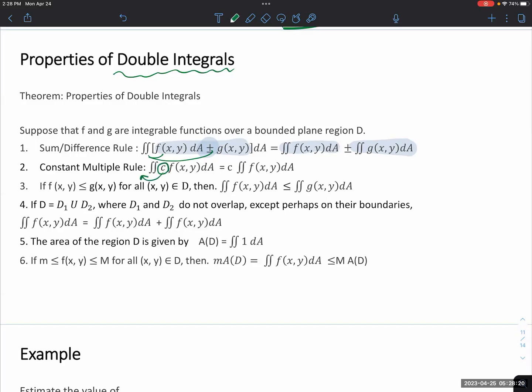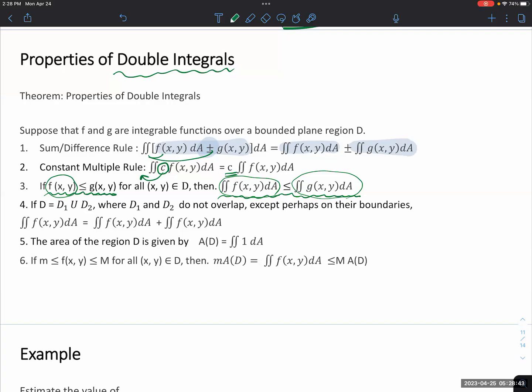Constant, you can bring it to the front, right? That's a constant. And then as you know, you can use a squeeze theorem. If there's a specific order, the integral also will be the same order. If the f function is smaller than g, taking the integral of f is going to be smaller than g. So this is a squeeze theorem all the time, everywhere.